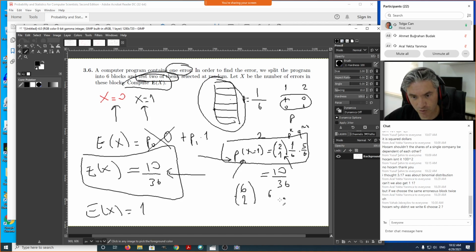So 6 choose 2 is 6, 5, 4. Yeah, let me write it. 2, 1, 2 factorial, and 4 factorial. So actually I did it correctly. So 6 choose 2 is 15.